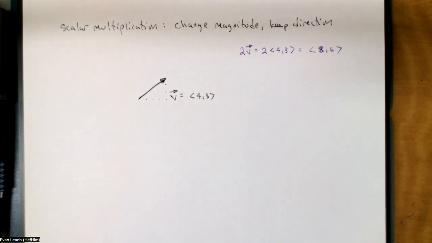So if I asked you to multiply a vector by a scalar and didn't tell you how, that's what you probably would have guessed.